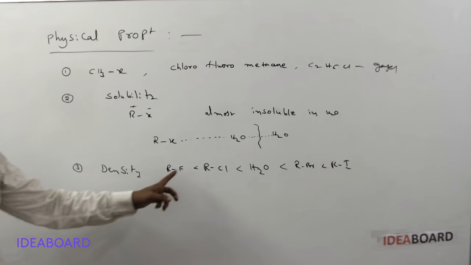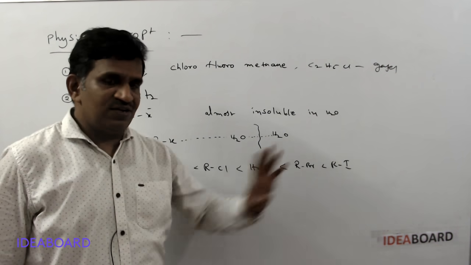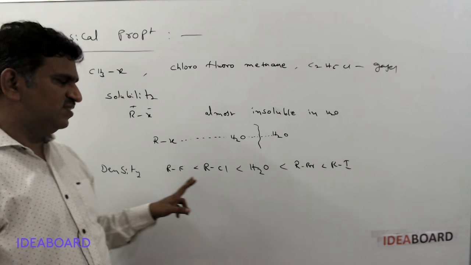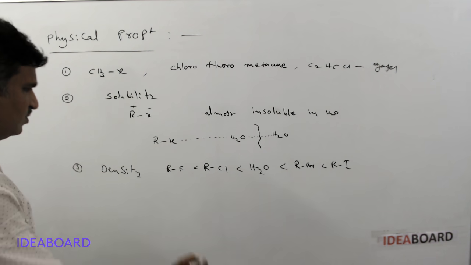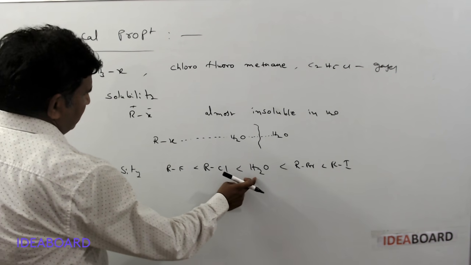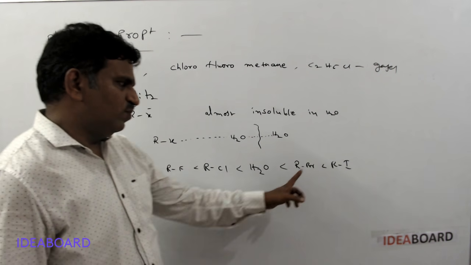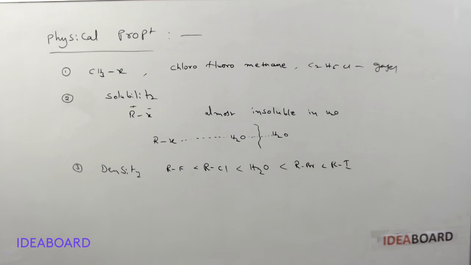So fluorides and chlorides have less density than bromides and iodides. That is an important thing to remember.